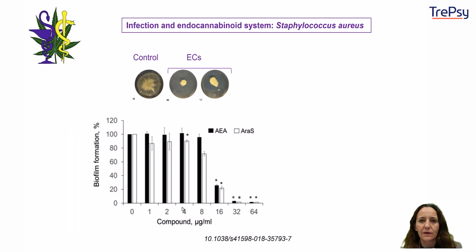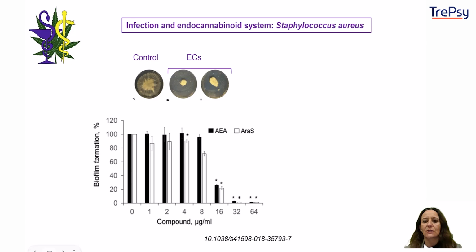These authors observed that if we culture Staphylococcus in a plate, we observe the proliferation of these bacteria. But when it is cultured in a media with endocannabinoids, they can't proliferate as much as they do without any endocannabinoids. This is important because the formation of the biofilm is reduced.